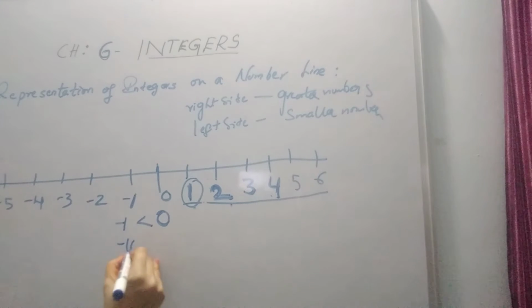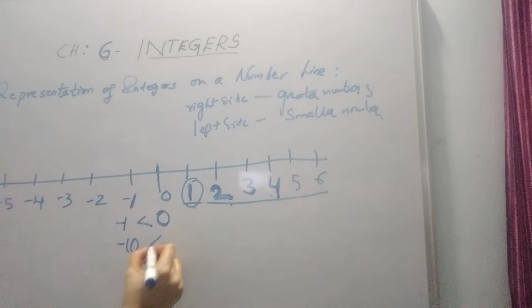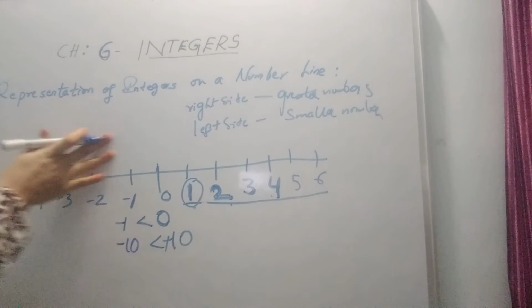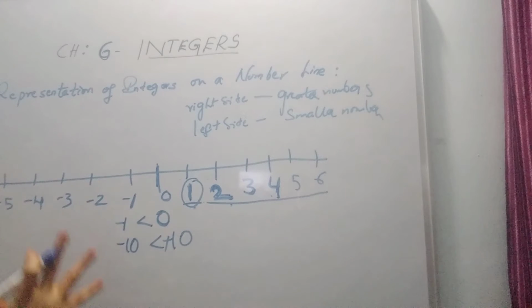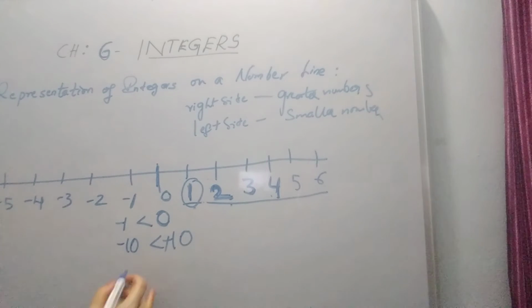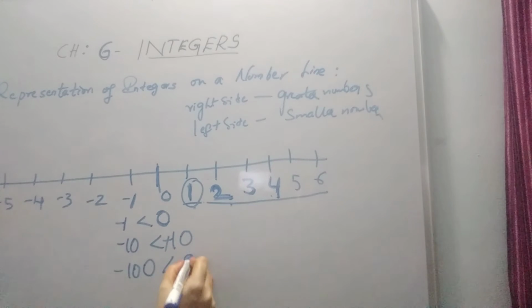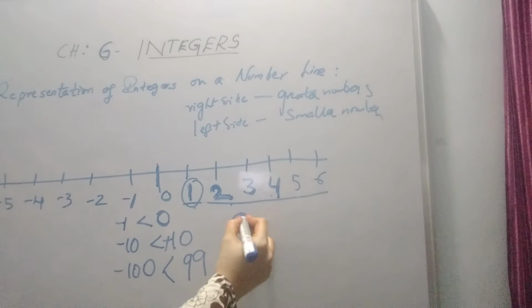Okay, -10 is smaller than +10. These numbers are all left side of 0, negative numbers, small numbers. -100 is smaller than 99.